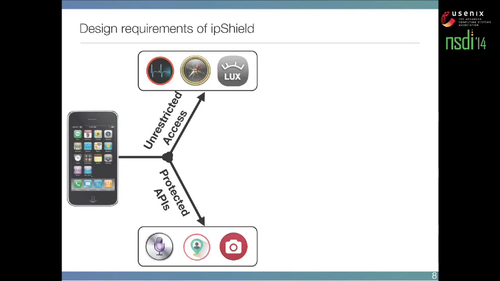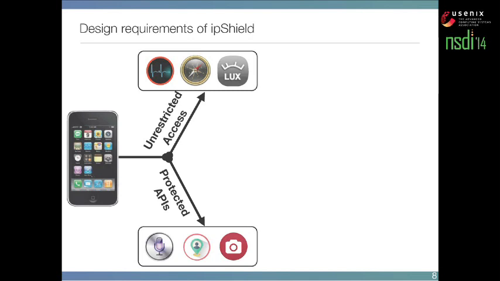So if you look at current operating systems such as Android and iOS, what they do is they group all the sensors that are available on these smartphones into two basic classes. The first class consists of sensors such as your GPS, camera, and microphone. So these are supposed to be privacy-prone sensors, and access to these sensors is mediated through protected APIs.